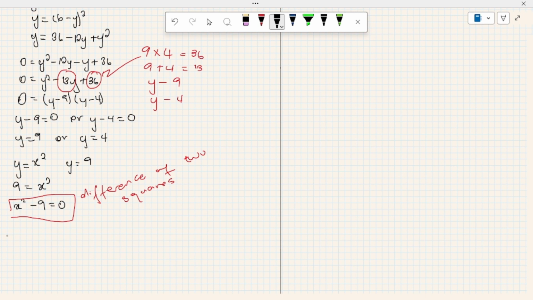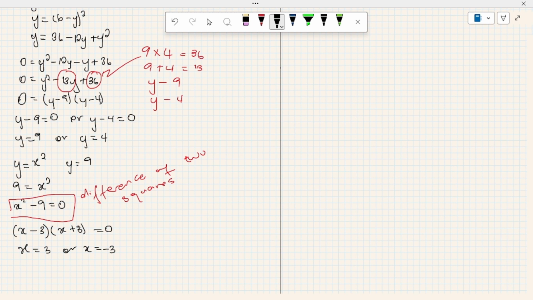It's easy. It's gonna be x minus 3 and x plus 3 is equal to 0, right? And then the values of x are 3, or x is equal to minus 3.